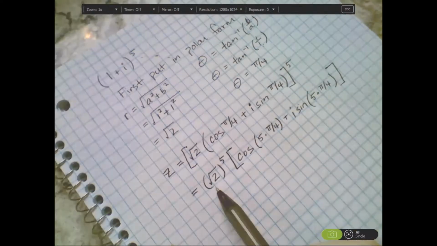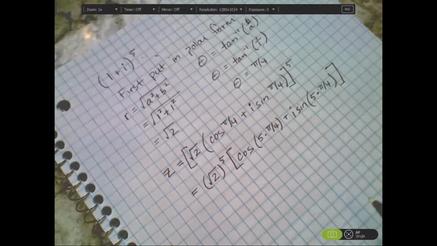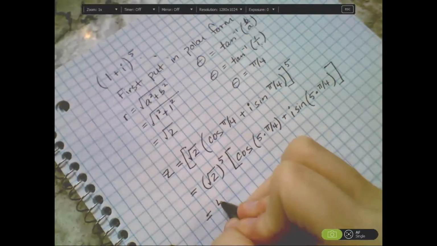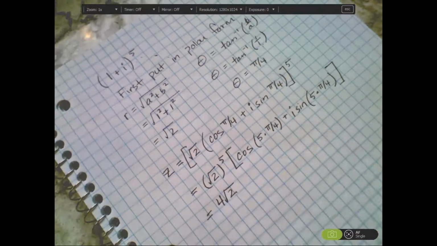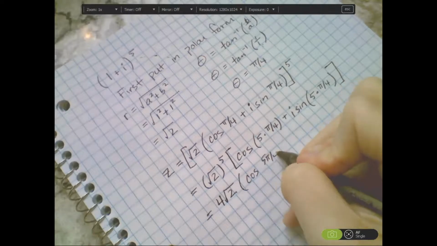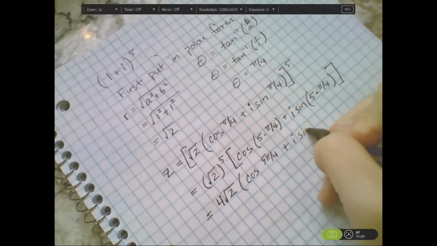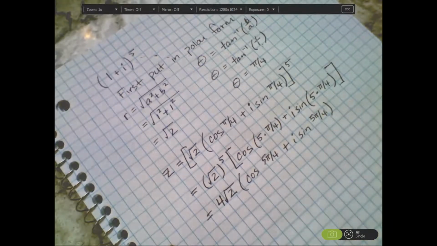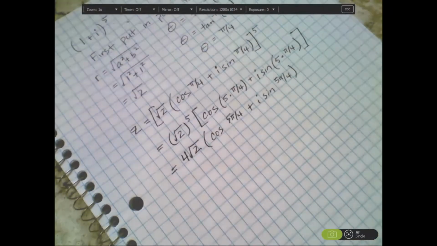If you work out root 2 to the 5th, it's like root 2 times root 2 times root 2, 5 times. If you work all of that out, that's going to end up being 4 root 2. And then this is going to be cosine 5 pi over 4 and sine of 5 pi over 4.